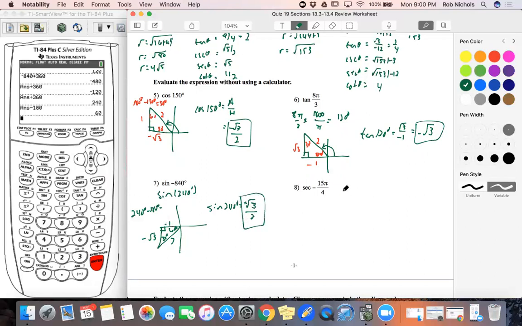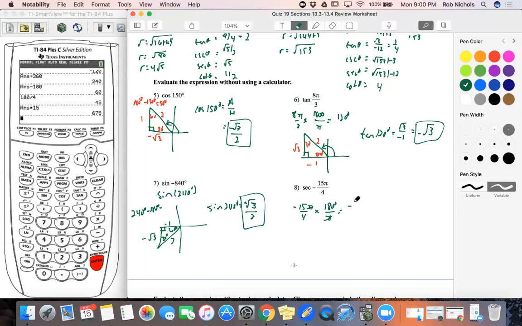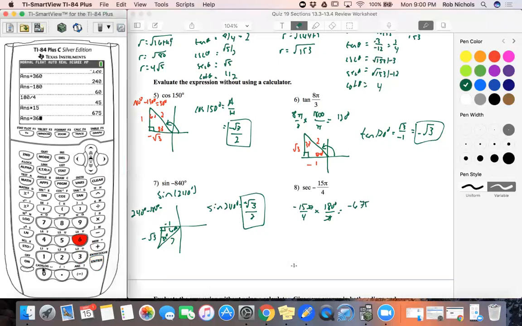There you go. Again, negative 15 pi over 4. Let's go ahead and convert that. 180 degrees over pi. The pi's cancel. So 180 divided by 4, let's do that one first, times 15, and I get negative 675. I don't like that, so let's add a 360. Let's get it to be positive.